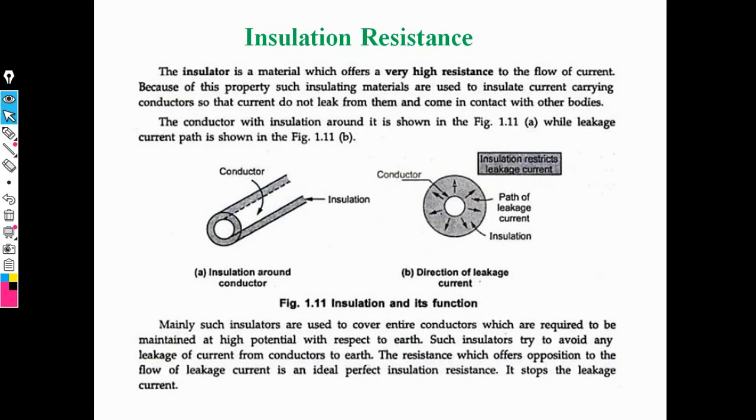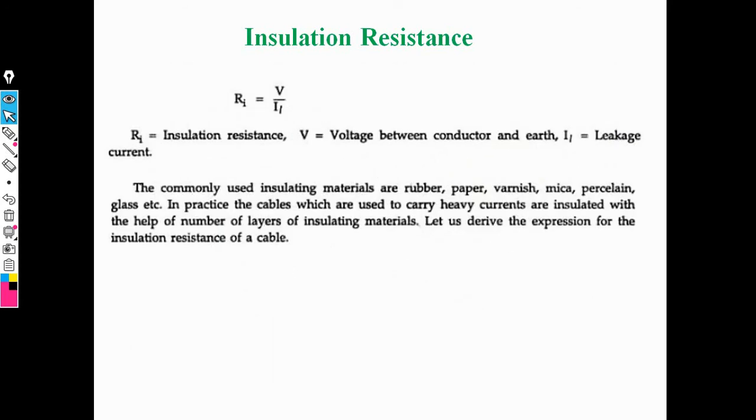Now the next point is insulation resistance. Insulation resistance depends on R is equal to V by I. Insulation resistance is defined as the ratio of the voltage between conductor and earth to the leakage current flowing through it.